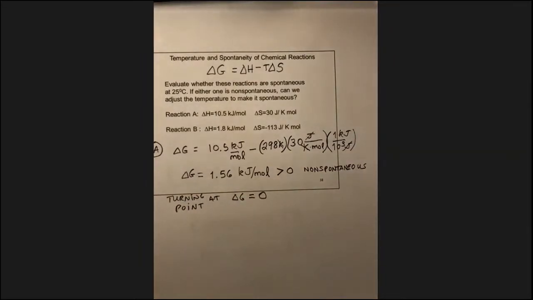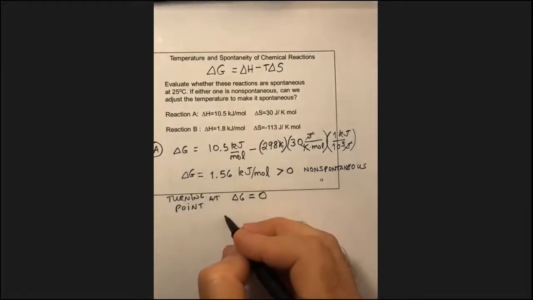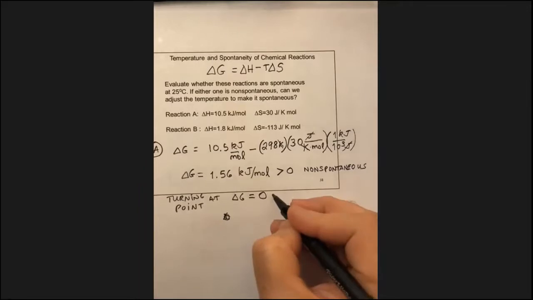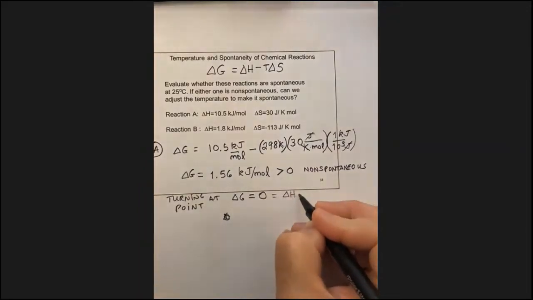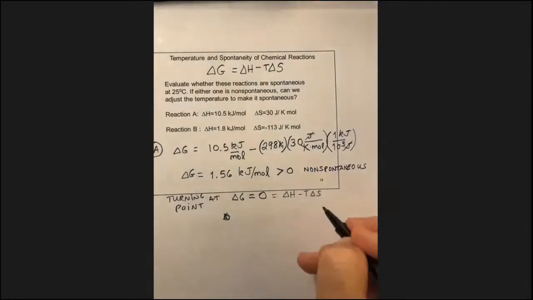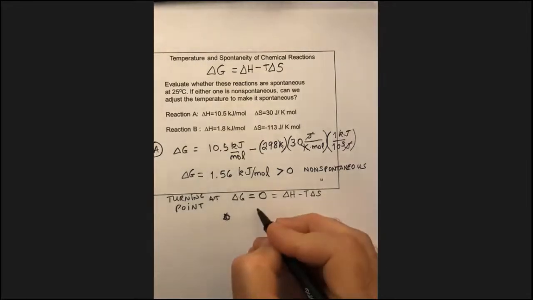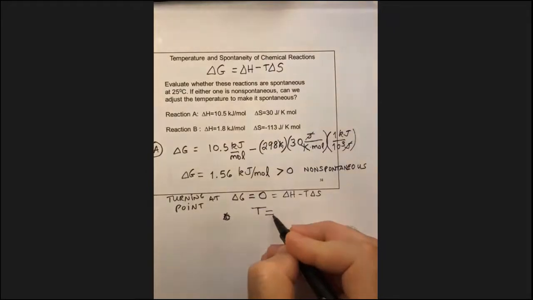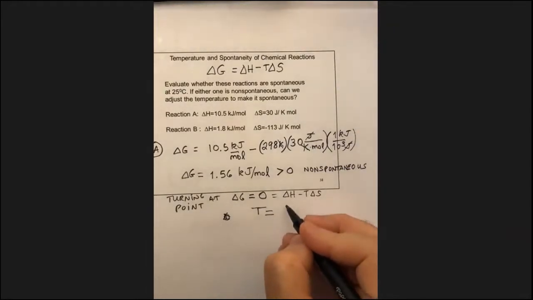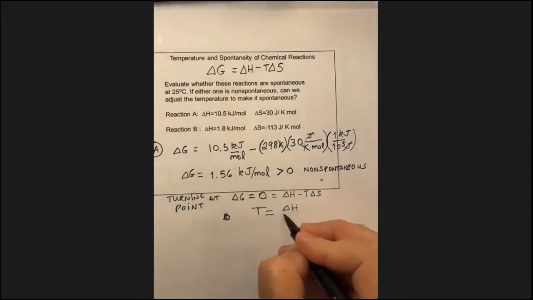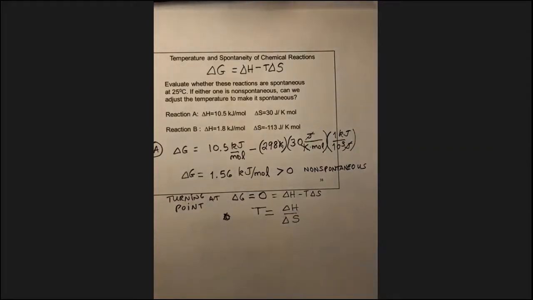And remember, when delta G equals 0, basically we have delta H minus T delta S. I want to find out what is the temperature at which that will happen. So I'm going to rearrange this, and this would be a temperature at which delta H over delta S equals T.